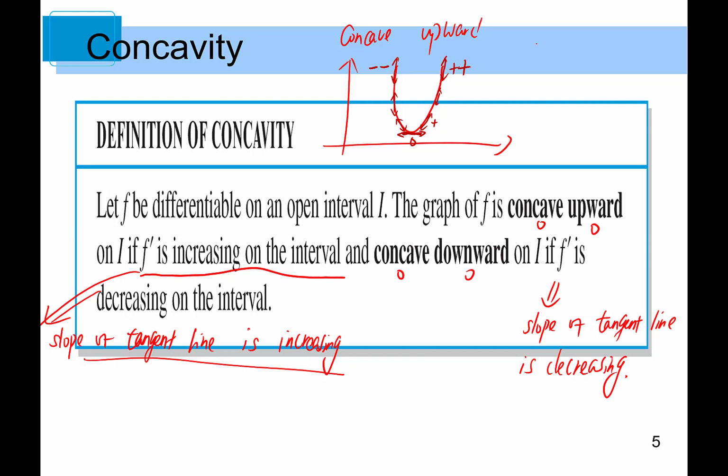And for the concave downward case, it's exactly opposite. So you get a graph like this.